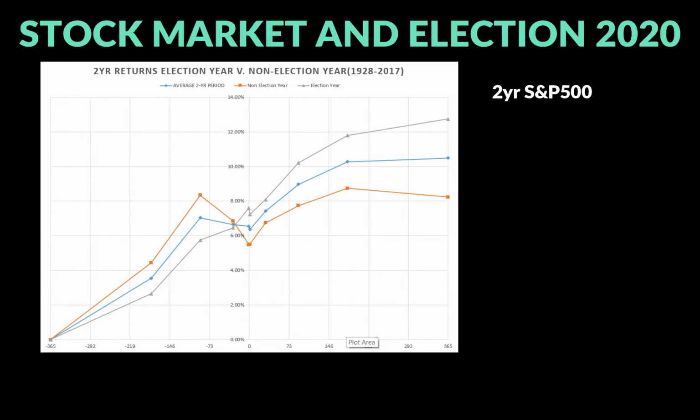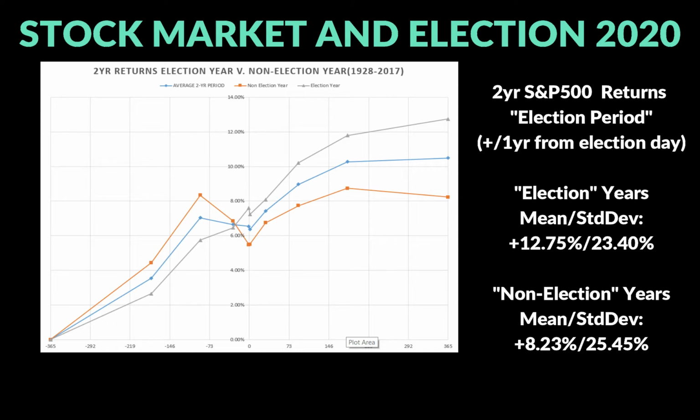But actually, if we plot the returns of the election time periods and the non-election time periods, you see that the election year time periods actually don't really underperform. They actually seem to outperform right before the election, and then the election itself causes a little bit of a dip in the performance, but the election years actually outperform the average and the non-election year time period.